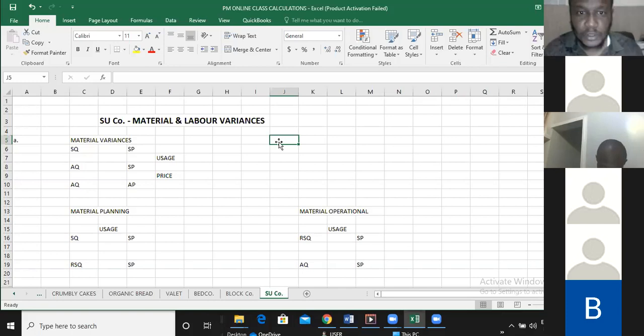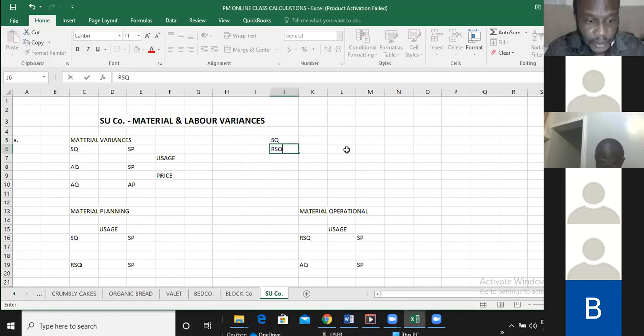So it means that our standard quantity we don't know, but our revised standard quantity we know. Revised standard quantity is 2.2. These things would have to be done very quickly in the exam.